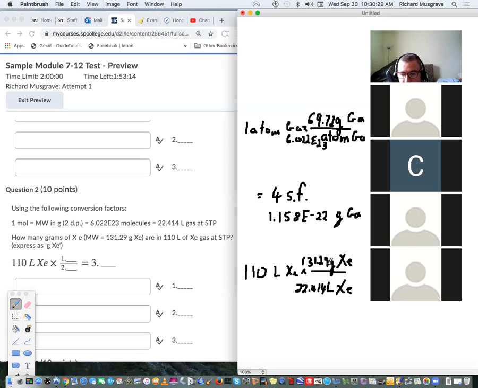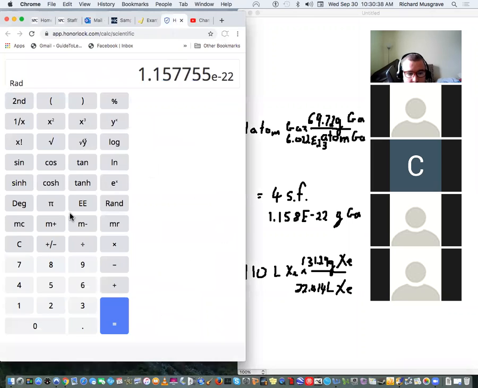See, it really couldn't be much easier than that. And then you would go ahead and you enter that into the calculator. And I'd go 110 times 131.29 divided by 22.414.